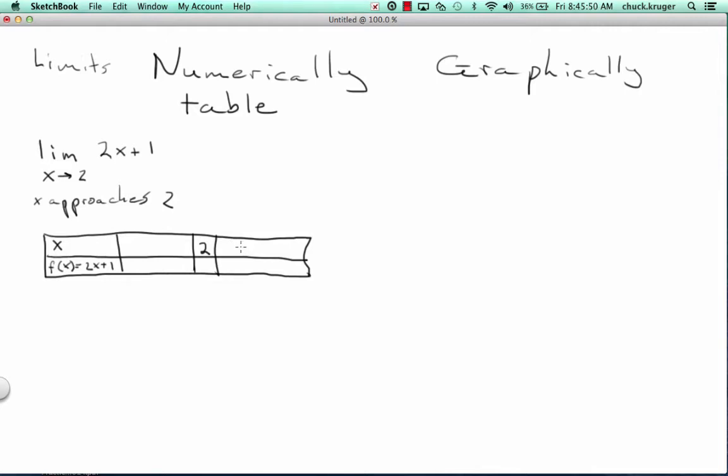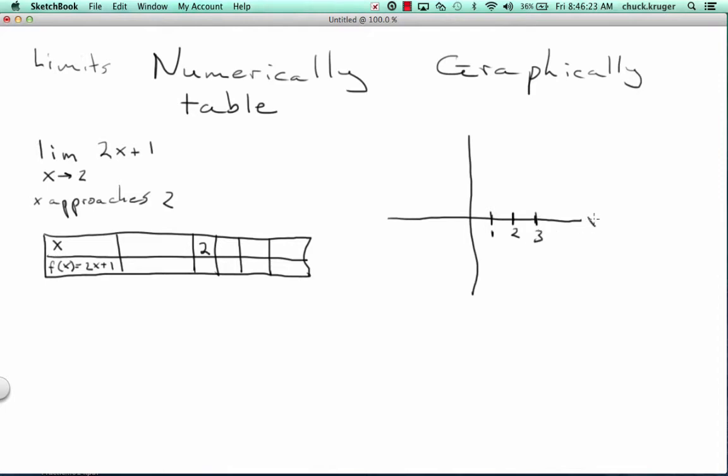And those 3 values are going to be bigger than 2, and they're going to be values that are approaching 2 from the right-hand side, from the bigger value of 2. So graphically, it's going to look like this. Let me draw a y-axis and an x-axis. Right here I'll put 1, right here I have 2, right here I have 3.